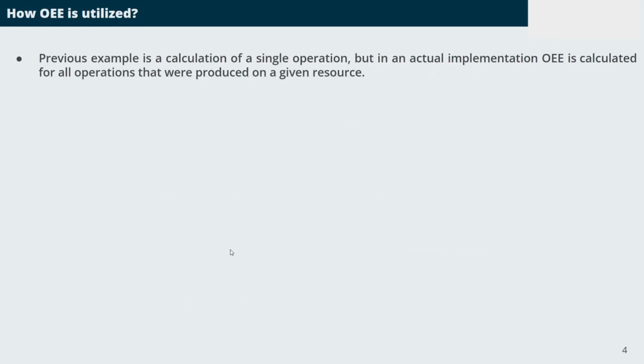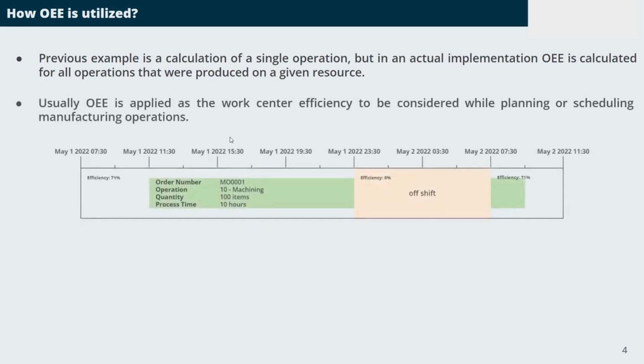So this example is for a single operation, but an actual OEE calculation takes into account every operation running at a given work center. And it's not just something that you calculate and you do nothing with the number. OEEs can be used for better quotation and scheduling and planning activities.